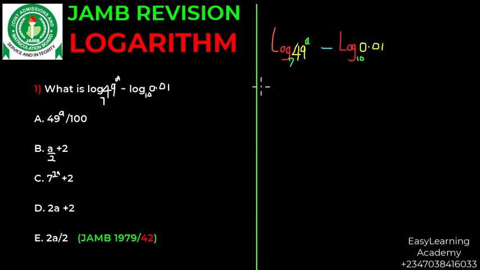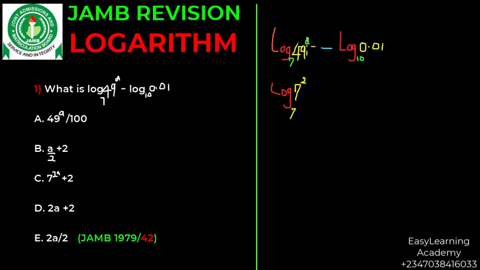Let's start by solving this. Now, for 49, we need to break it down to another base, and that will have a new power. So 49 is just like saying 7 times 7, and 7 times 7 is the same thing as 7 raised to the power of 2, then base 7.